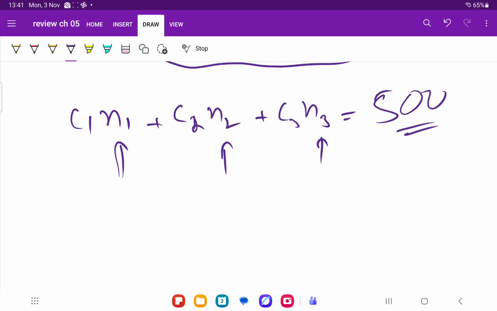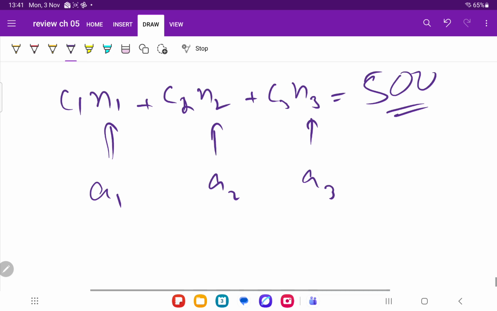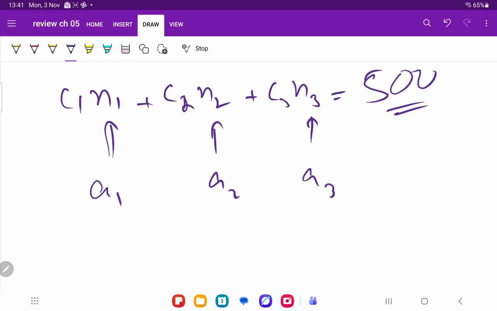So first of all, we have to estimate A1, A2, A3. Once we estimate A1, A2, A3, then we will be able to calculate N1, N2 and N3. Clear? Are you getting the point? Why is A1, A2, A3 required?